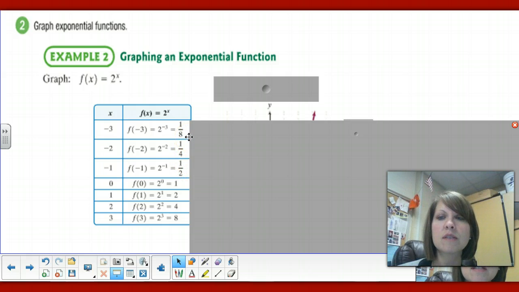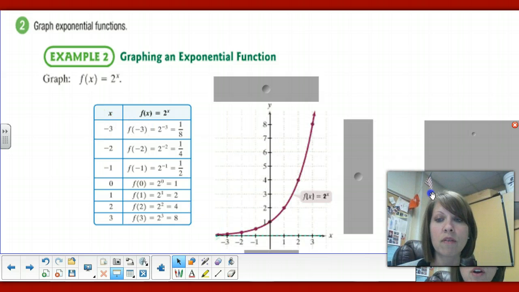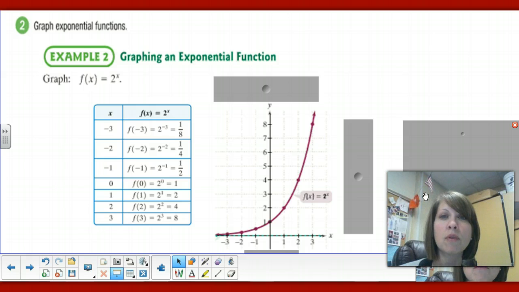I want you to spend some time letting your mind think about why it is that when x is +3 you get 8, and when x is -3 you get 1/8. Okay? So we plot those points and we connect the curve, and we have that J-shaped curve that you remember from biology.